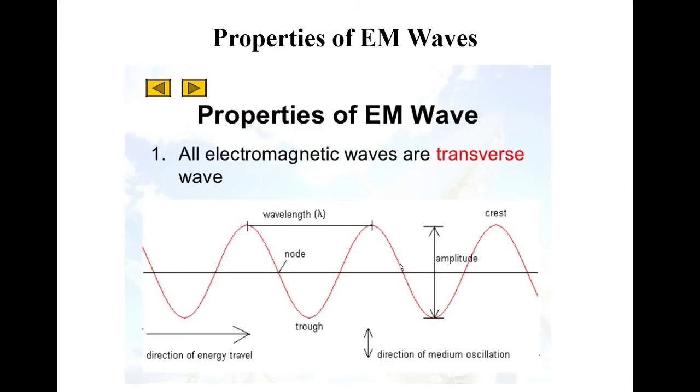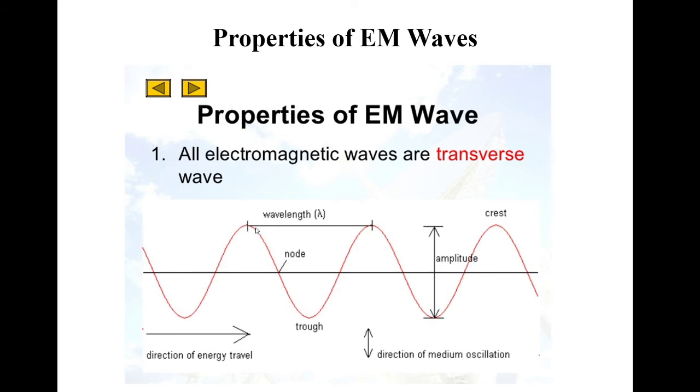So properties of electromagnetic waves, okay? This follows a sinusoidal function format, and important properties, we have wavelength that is represented by lambda.